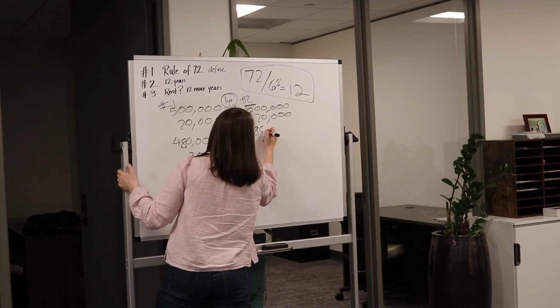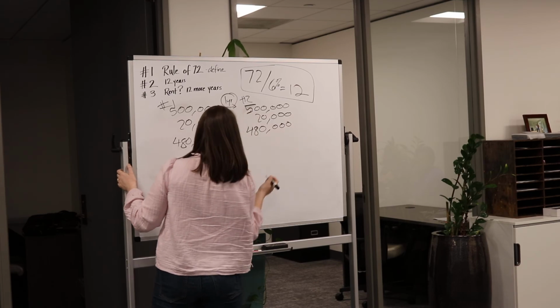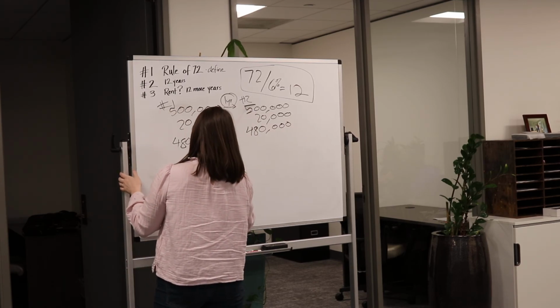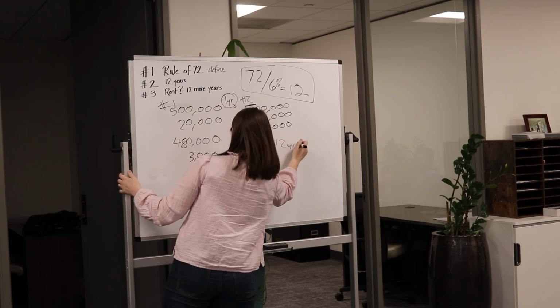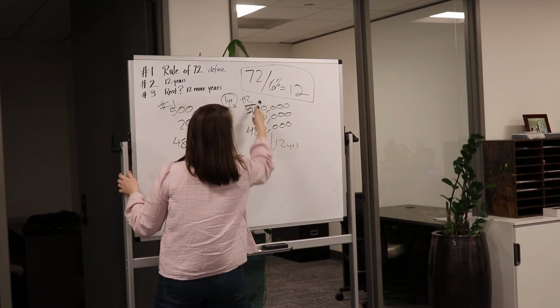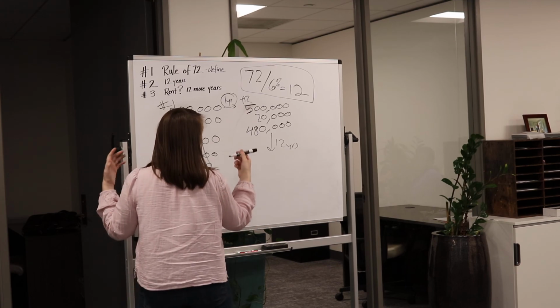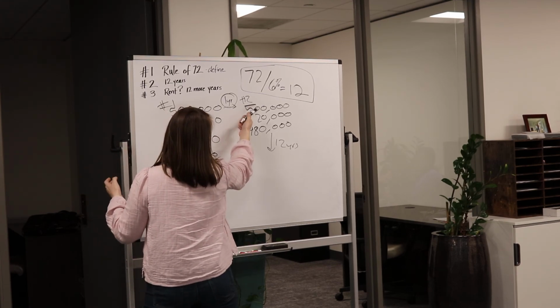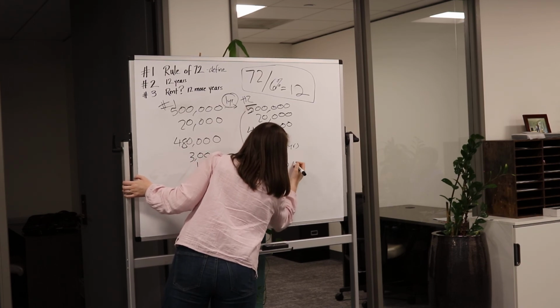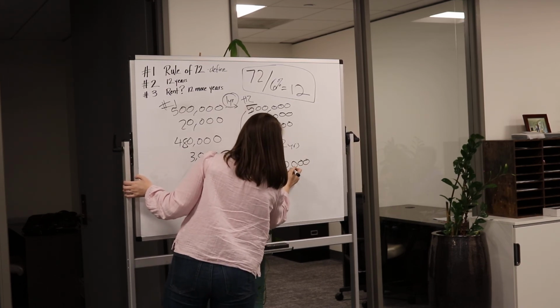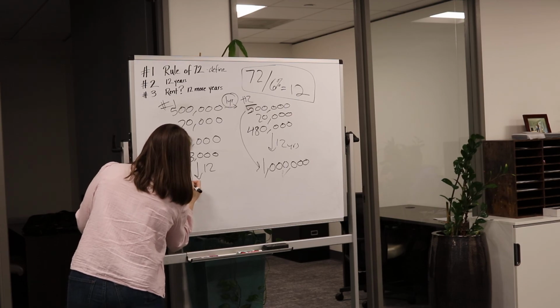You're gonna owe $480. We're living in it for 12 years. Because of the rule of 72, we know that 12 years later, $500,000 turns into the big $1 million.